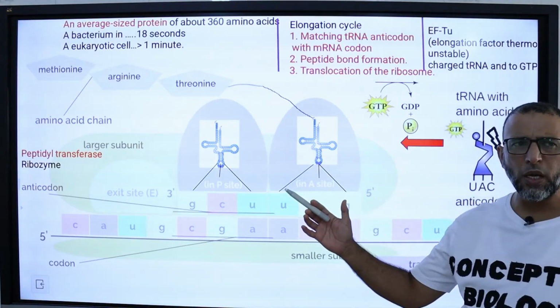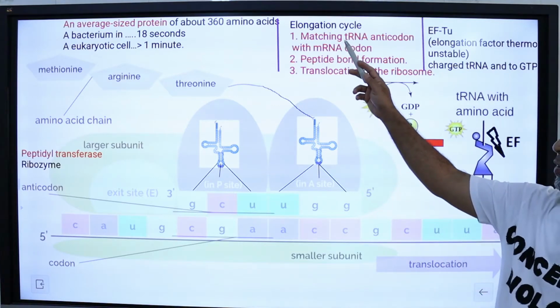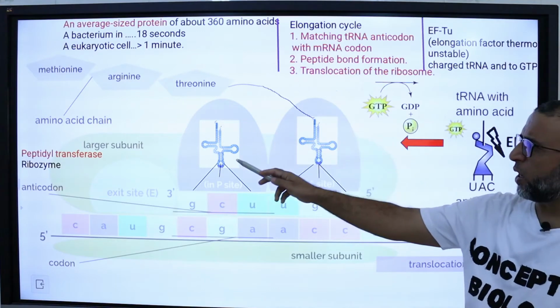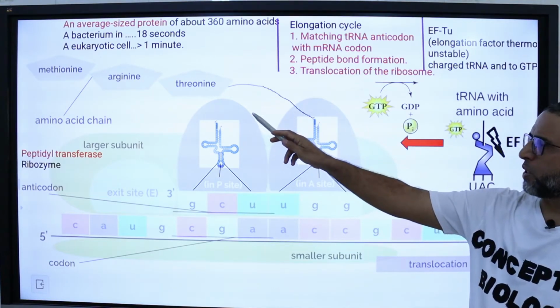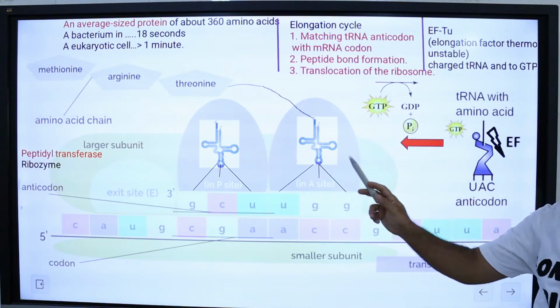The elongation cycle takes place in 3 series of events. Number 1 is matching tRNA anticodon with messenger RNA codon. Second is peptide bond formation, and number 3 is translocation of the ribosome.